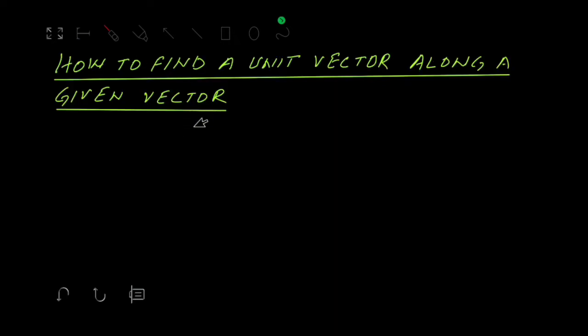Now, let us talk about how to find a unit vector along a given vector.